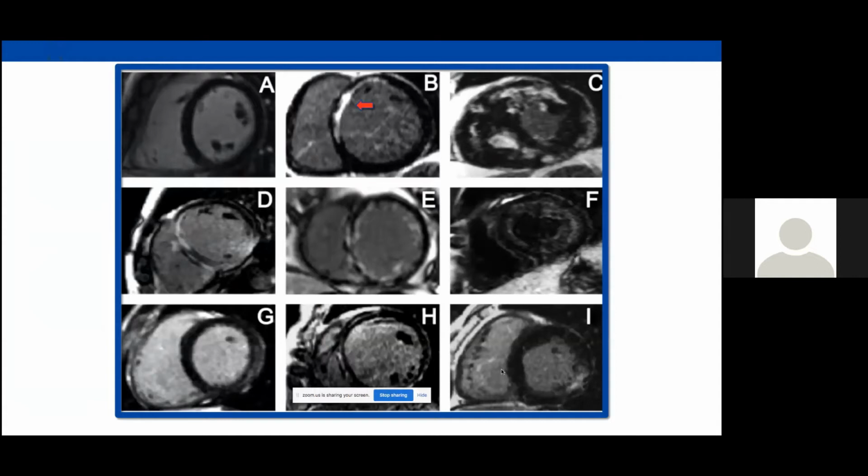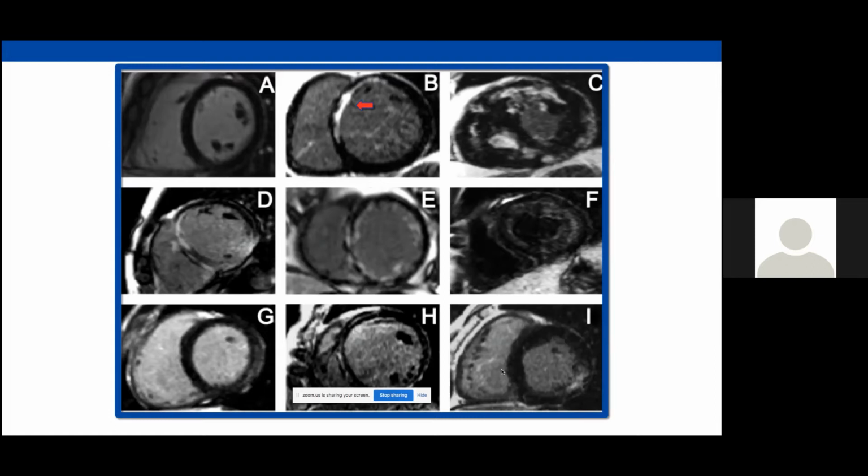This image panel is simply to show how the late gadolinium enhancement distribution can help us to diagnose the underlying cause of a myocardial disease. For example, A is a normal myocardium because we cannot see any enhancement there.